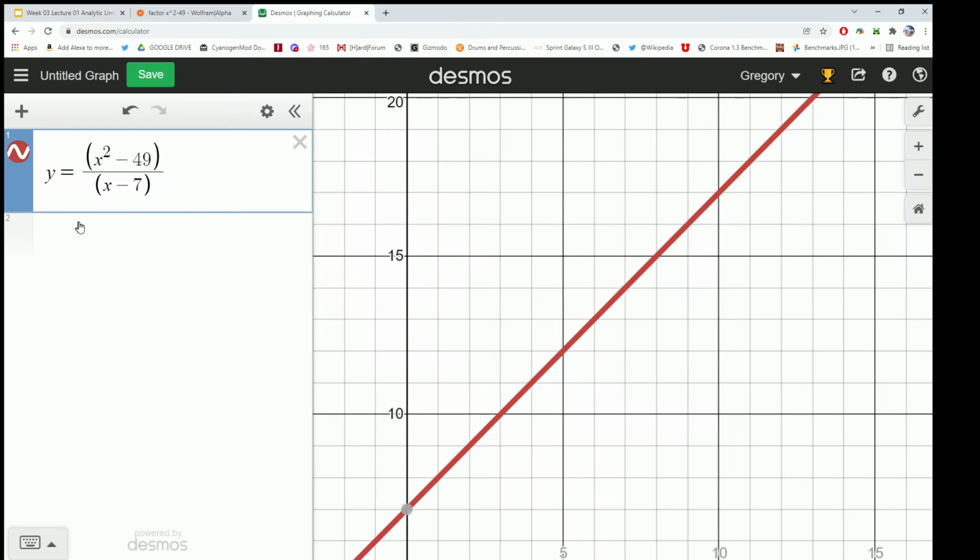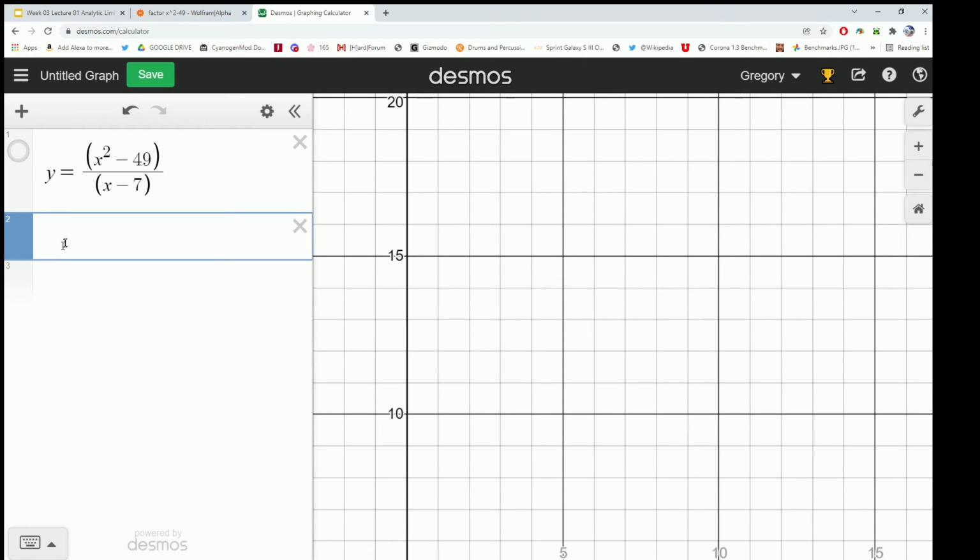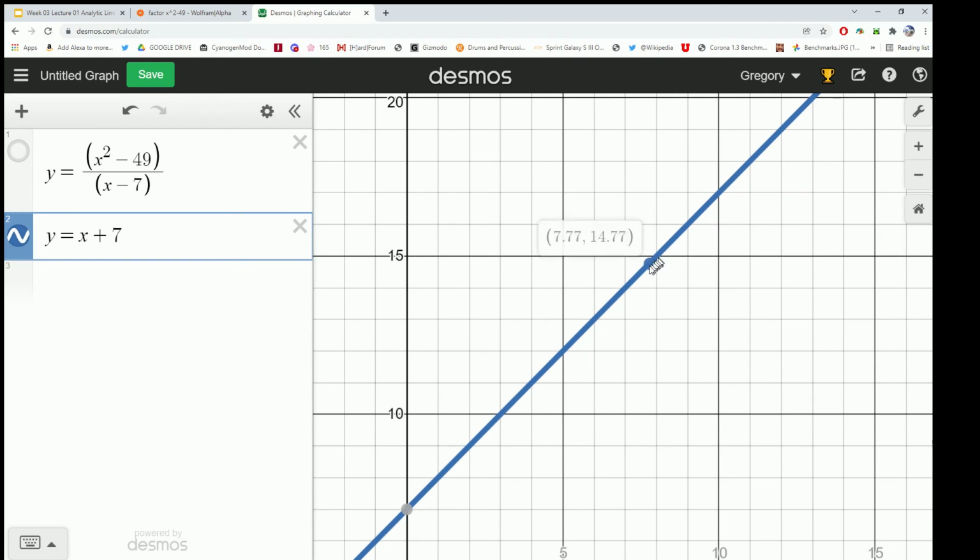And if you were to plot that, let me unplot that. If we just plot x plus 7, and you compare these two, right? If you compare these two, you see they're actually the same function. The difference is x plus 7, when you plug in 7, actually exists, right?